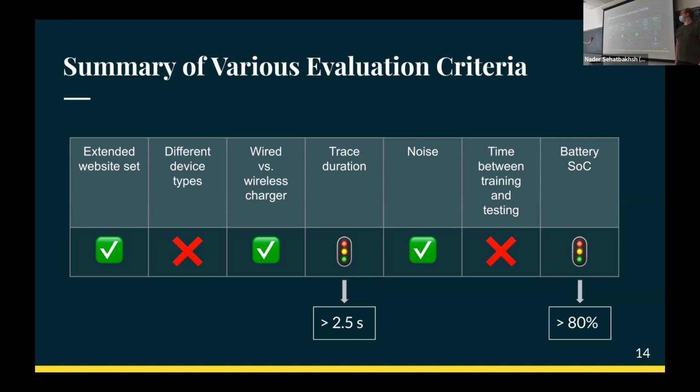For time between training and testing, if we train a classifier right now and use it in an attack next year, it's not going to work at all, because the content and media on the websites we're looking at change massively over time. So this is time sensitive. What it implies is that we need to keep updating the training data and keep training the classifier to keep up with the current attack conditions.